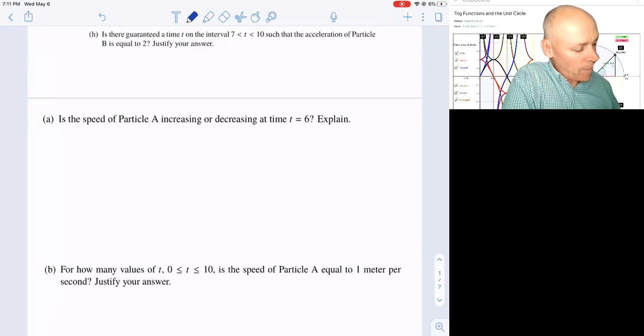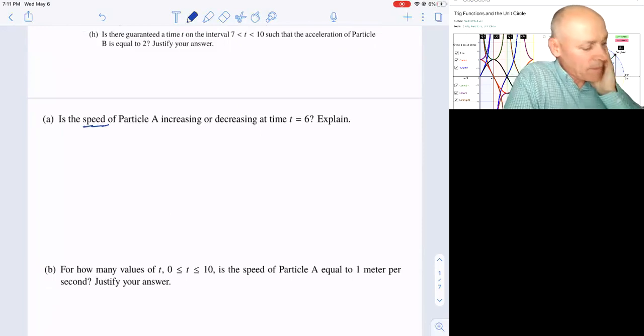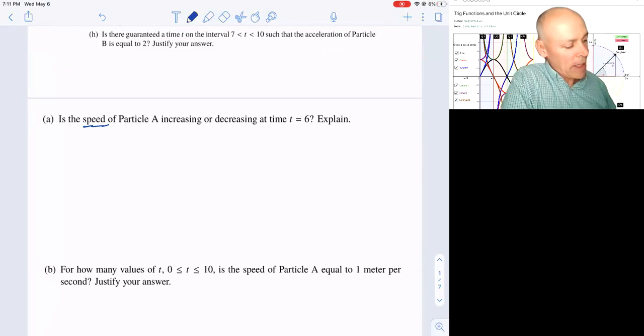Well, what I should look at to determine whether the speed is increasing or decreasing at a particular time is the sign of the velocity and the acceleration at that particular time.